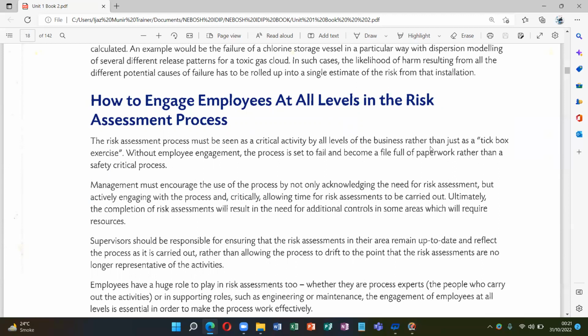Management must encourage the use of the process by not only acknowledging the need for risk assessment, but actively engaging with the process and critically allowing time for risk assessment to be carried out. Ultimately, the completion of risk assessment will result in the need for additional controls in some areas, which will require resources.